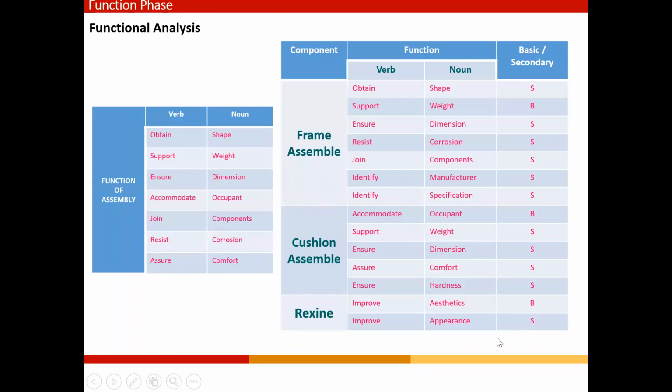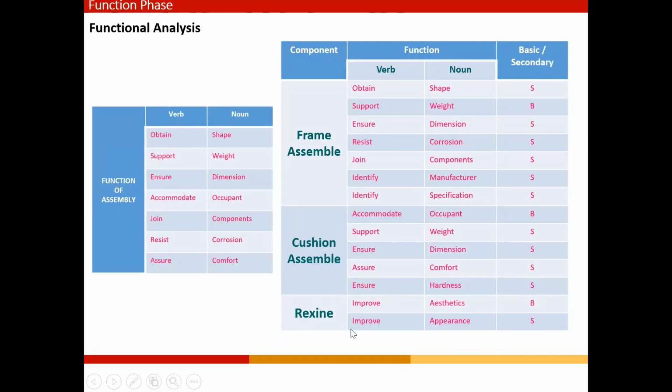Exactly. And aesthetics, how can it be measured? That's why this comes under non-measurable noun. But even this needs to be taken. Even in the book I have given you in PDF format, they have considered this, even though it comes under non-measurable noun, as an all-time function, because it is required.